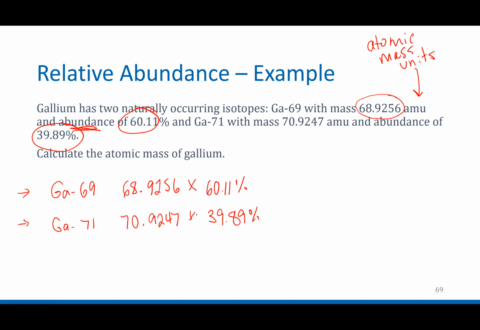So can anybody in the chat tell me, how do I change 60.11 to a decimal? This is a math question, not a chemistry question. I want that as a decimal. I get divide, and yep, I'm getting the answers there. I'm getting a good answer as well from Sophia. I like it.